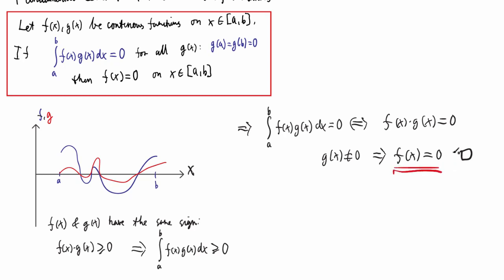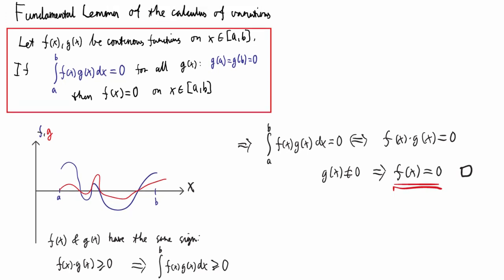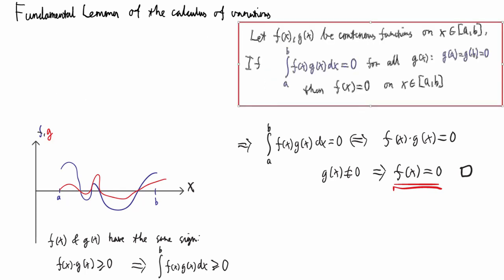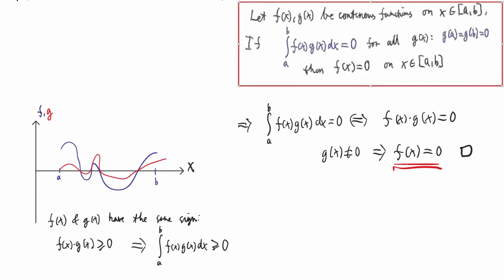That's what we wanted to prove, right? Okay, so that's the fundamental lemma of the calculus of variations. Since it's kind of important, I'm going to put it up here in the corner, and then we'll leave it there and use it when we need it.